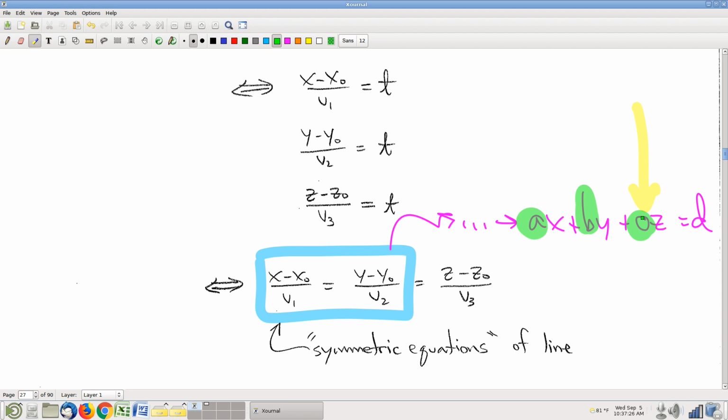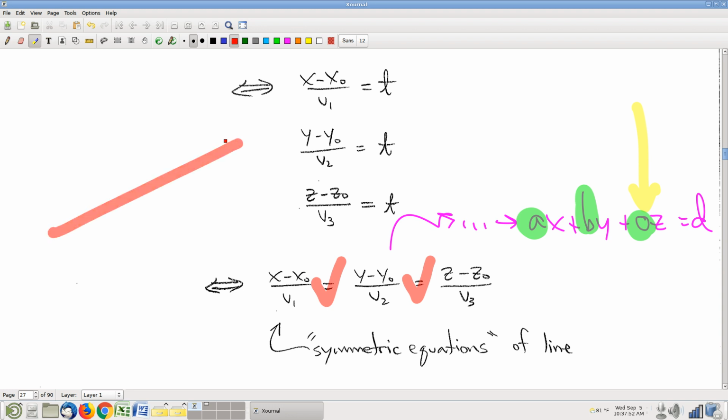It represents a plane that is parallel to the z-axis. And here's another thing. This plane contains the line. Now let me persuade you that this plane contains the line. Any point that is on this line satisfies both of these equations, right? If the point's on the line, it definitely satisfies both of those equations.